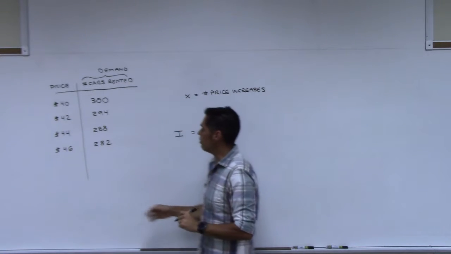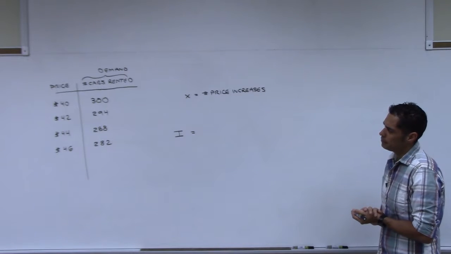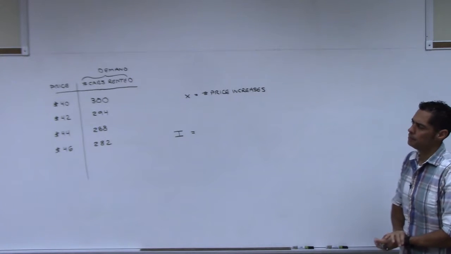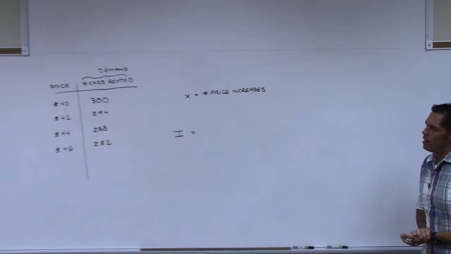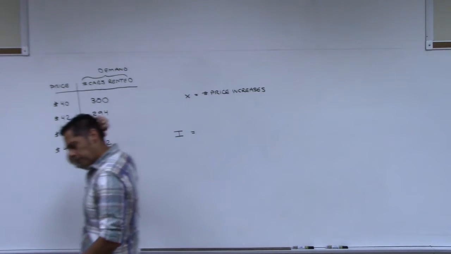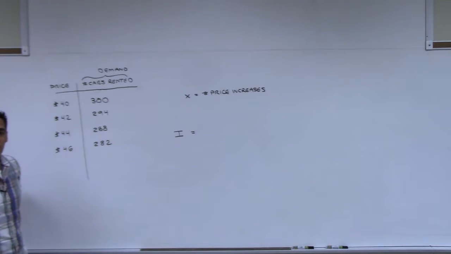So how do I do that? We're missing something here. X is the number of price increases. Can you give me an equation that gives you the price of the car and involves the X in it?